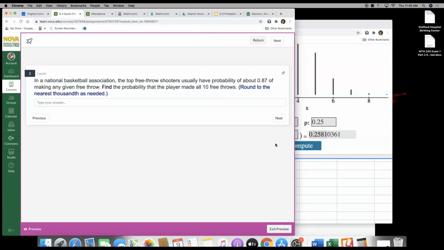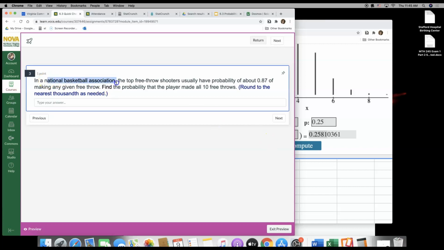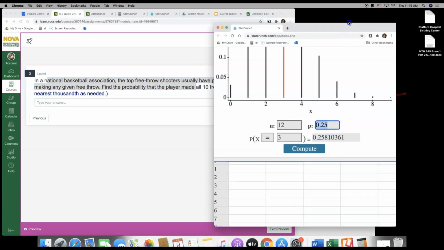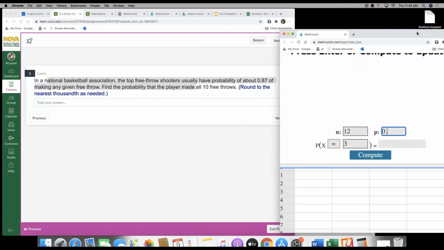Back to a free throw question now. In the National Basketball Association, top free throw shooters usually have a probability of about 0.87 of making any given free throw. Find the probability that the player made all 10 free throws. So how many times is this player throwing? He's throwing 10 times, right?